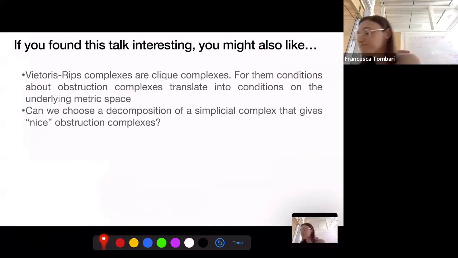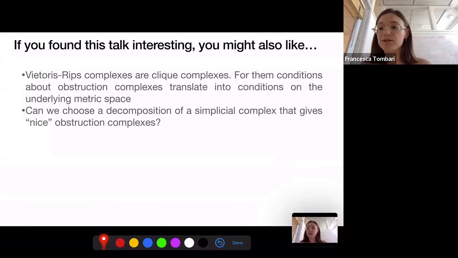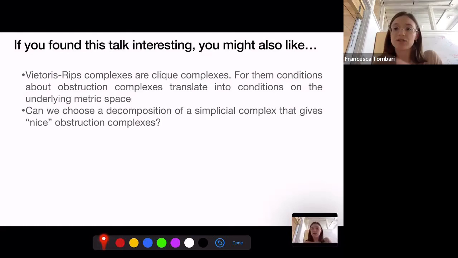Actually, one observation, which is that maybe if you're working in applied topology, when I mentioned clique complexes, you thought about the Vietoris-Rips complex. They are indeed clique complexes, and we have worked in this direction as well, namely we translated conditions on the obstruction complexes of a decomposition of a Vietoris-Rips complex into metric conditions.